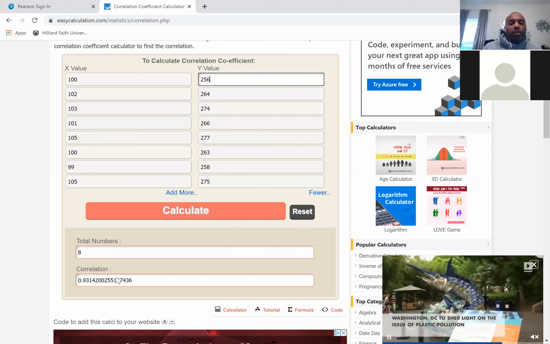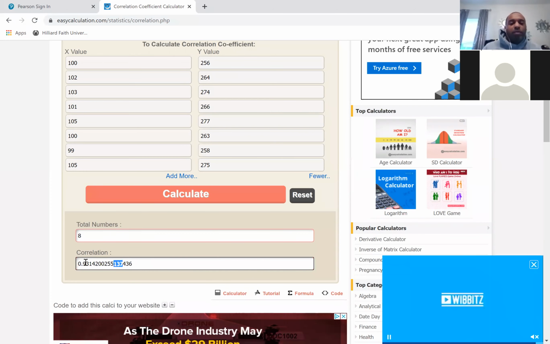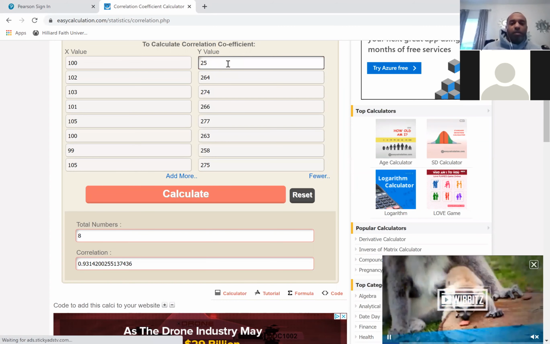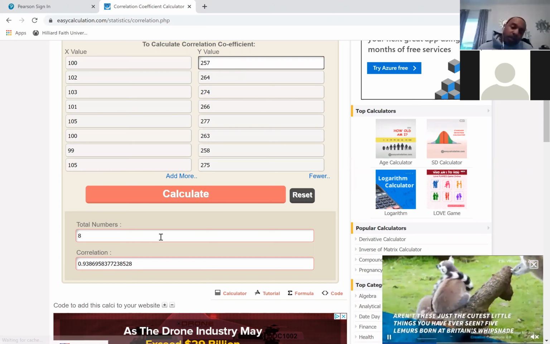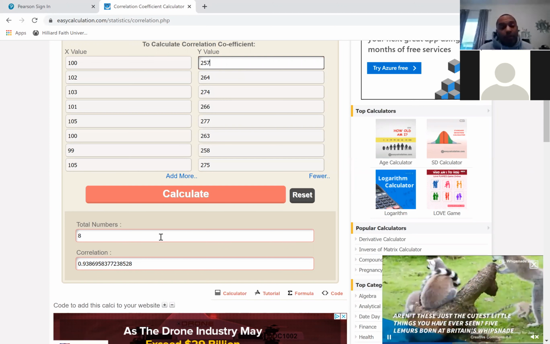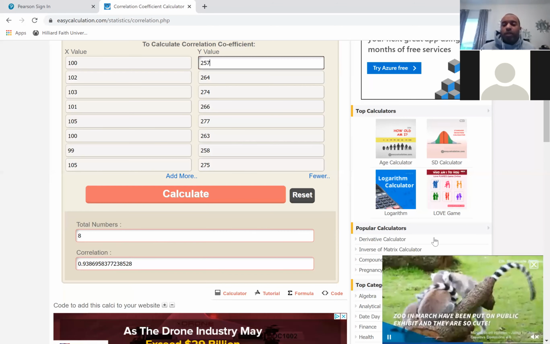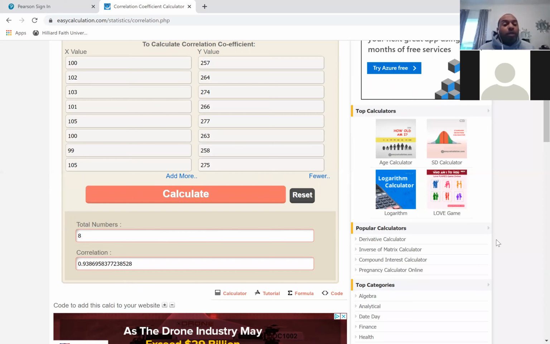Notice it changes my number completely down here. Now my number is completely different. Once again, change it back to 257. So one digit can change your correlation coefficient completely. So always go back and make sure that you inputted your values properly.